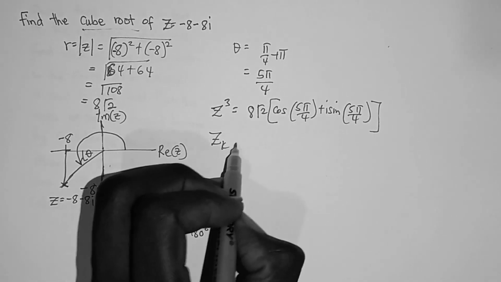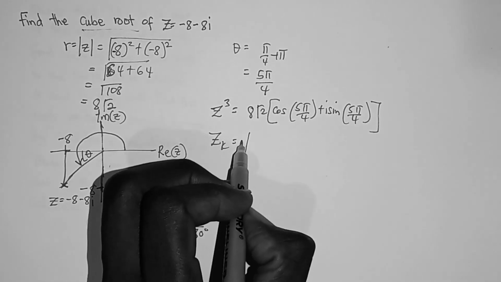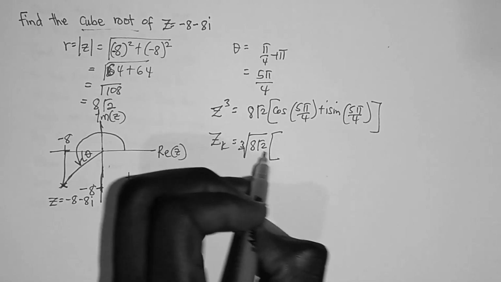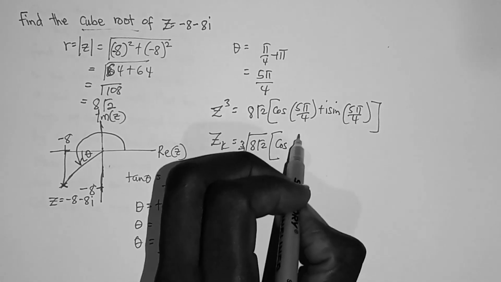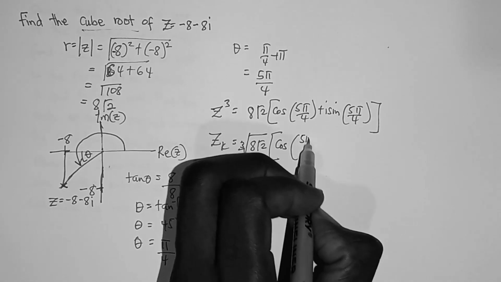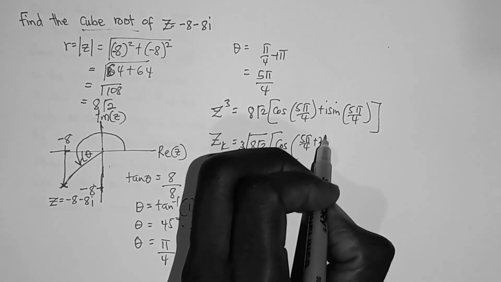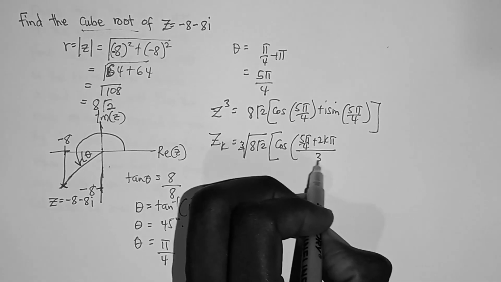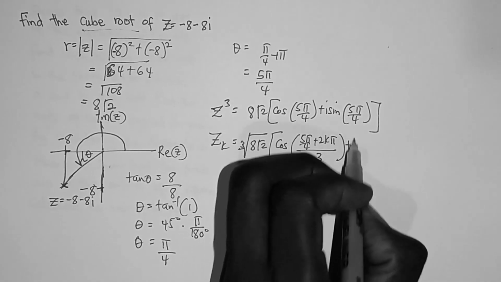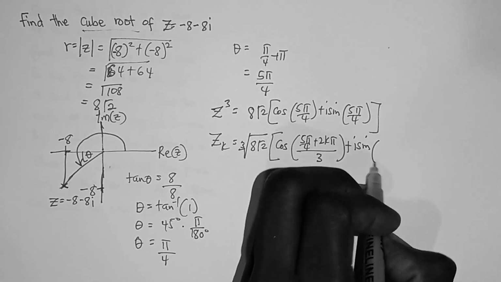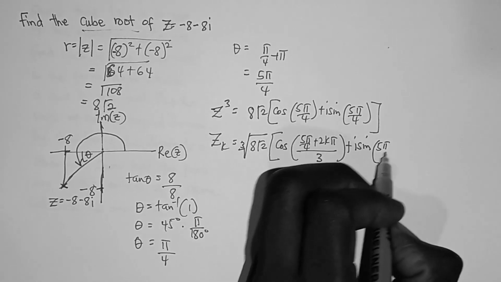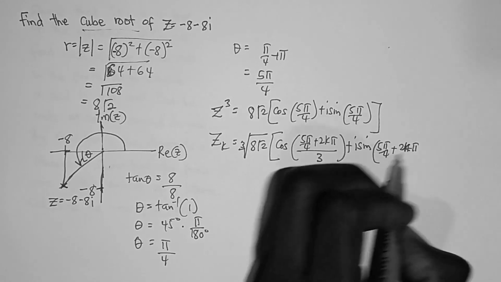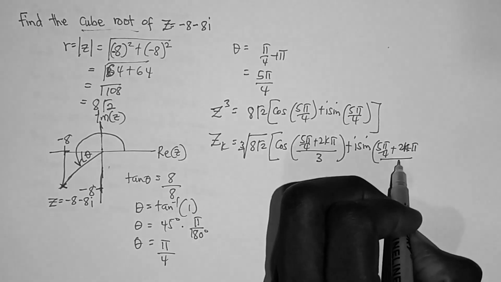So zk is equal to cube root of 8 root 2 then times cos of 5 pi over 4 plus 2k pi divided by n, and n in this case is 3, plus I sine into bracket 5 pi over 4 plus 2k pi divided by n, and n is 3.